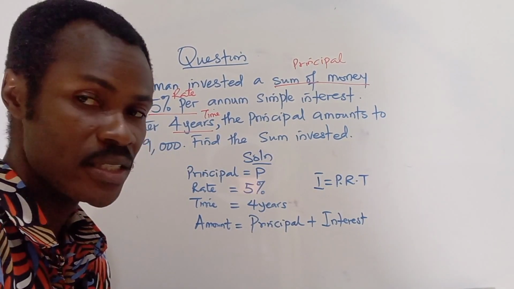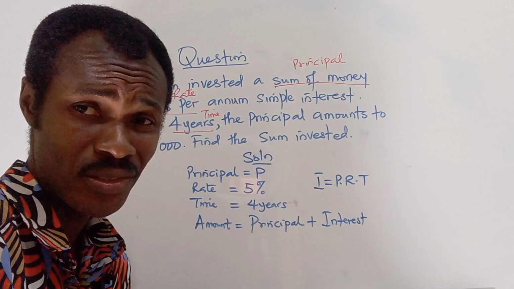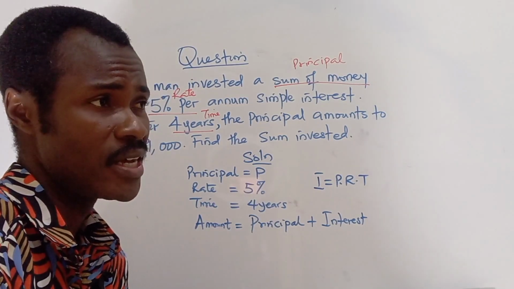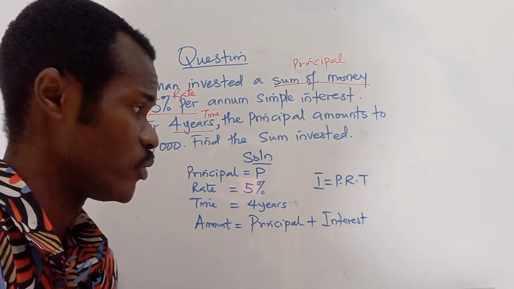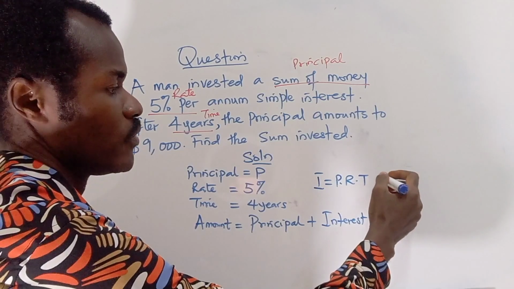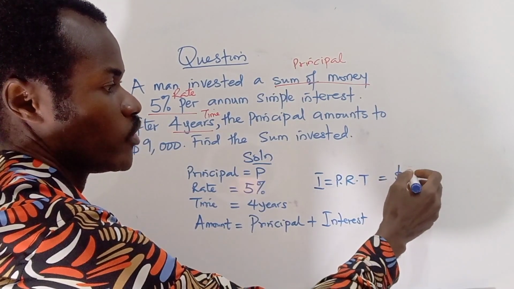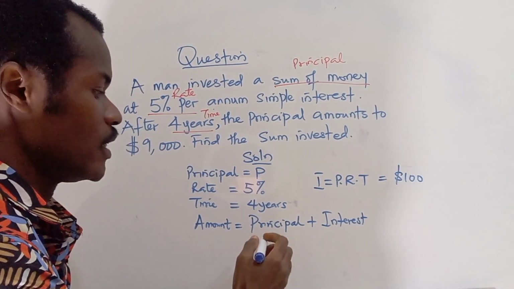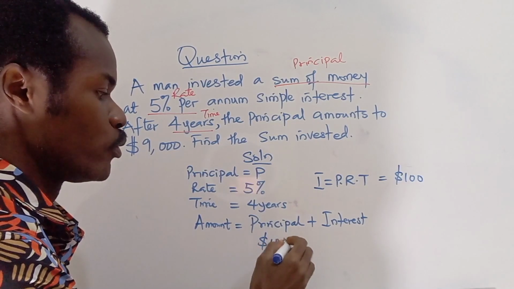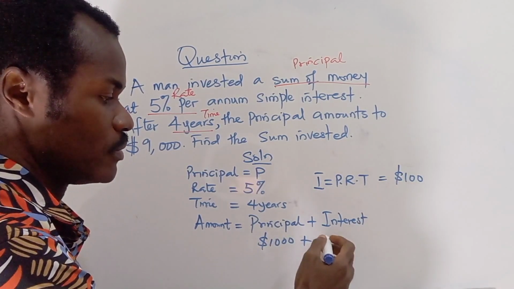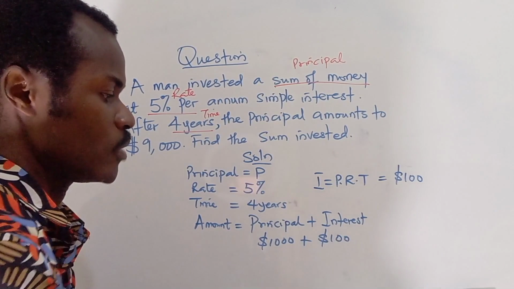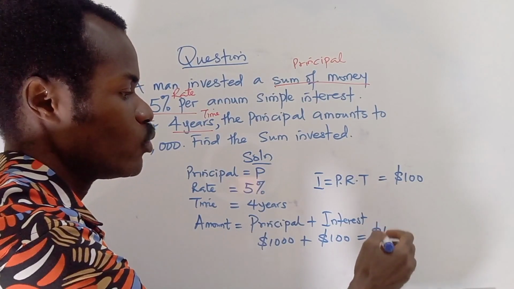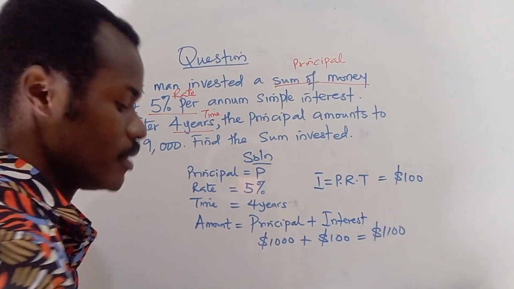For instance, if you borrow $1,000 at the rate of 10%, and the interest gives you $100 at the end of the year, then when you are returning the money, it is the $1,000 you borrowed plus the interest. So you are returning $1,100.